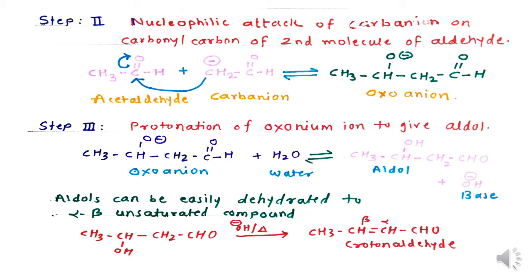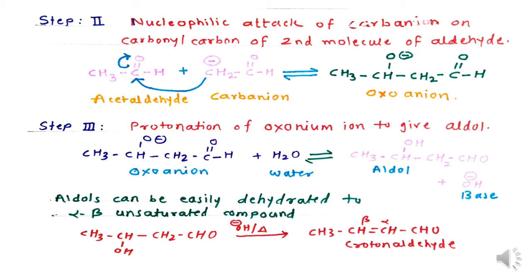Now this carbanion, a negatively charged carbon species, will attack on the carbonyl carbon which is electron deficient due to the presence of oxygen atom. So this carbanion will attack on the second molecule of aldehyde and we will get the oxoanion.